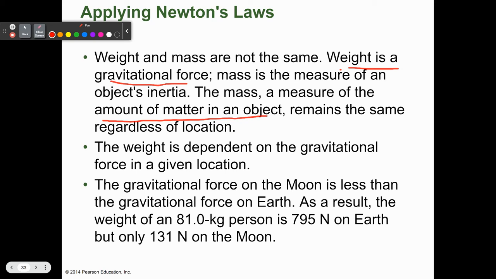But for weight, those things matter because gravity is different in each of those locations. So as a result, the weight of an 81 kilogram person is 795 newtons on Earth, but only 131 newtons on the moon, because the gravitational force on the moon is less than the gravitational force on the Earth.